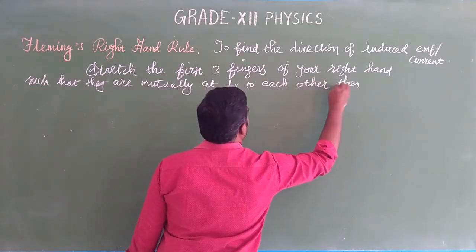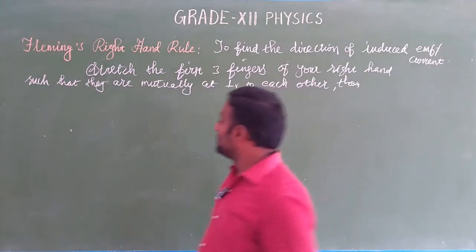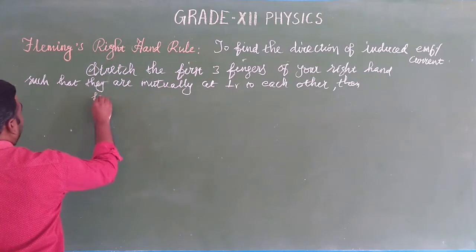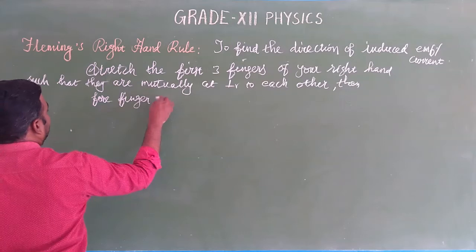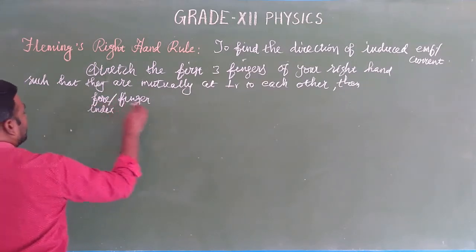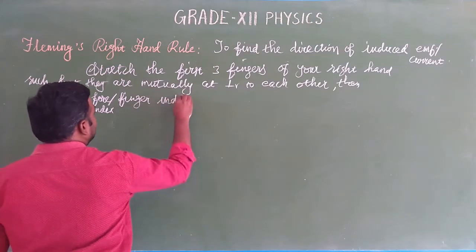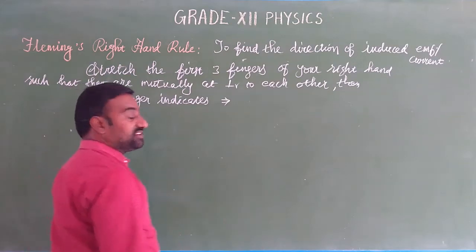Then what is the first? I said the forefinger, or index finger. The forefinger indicates the direction of the magnetic field.